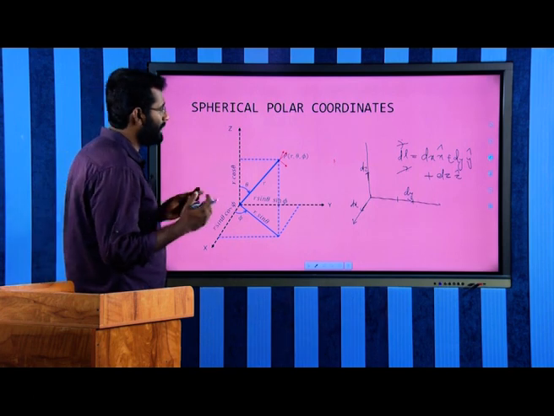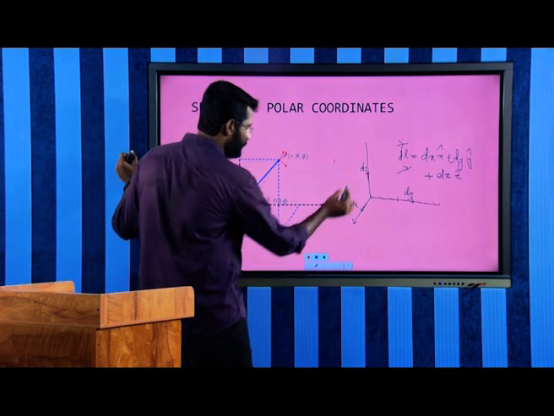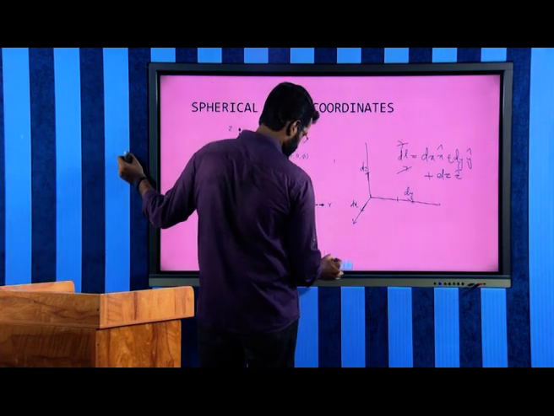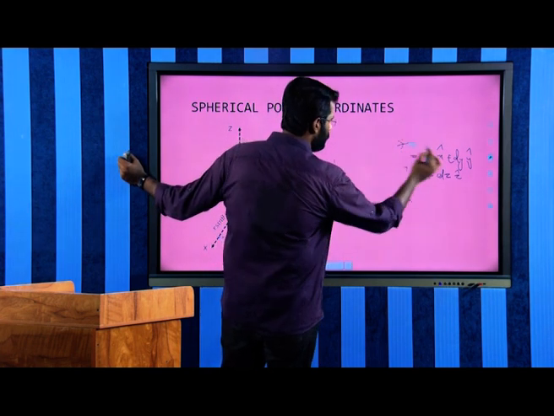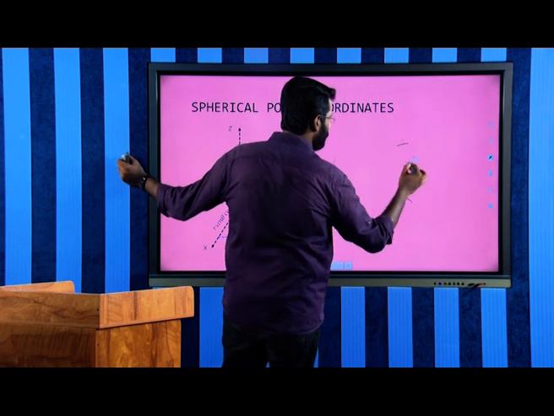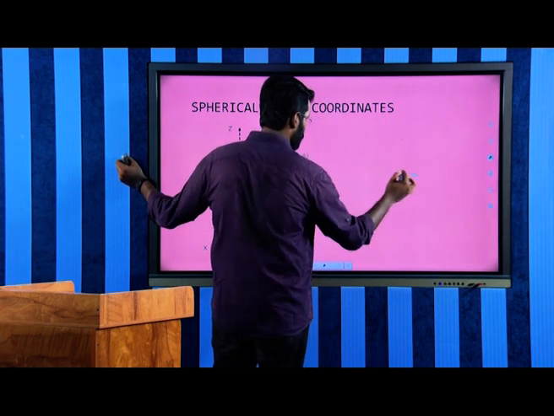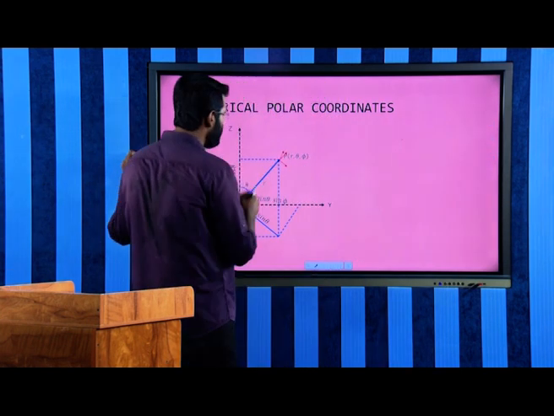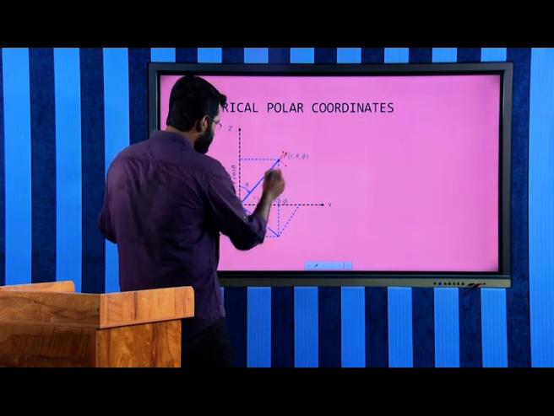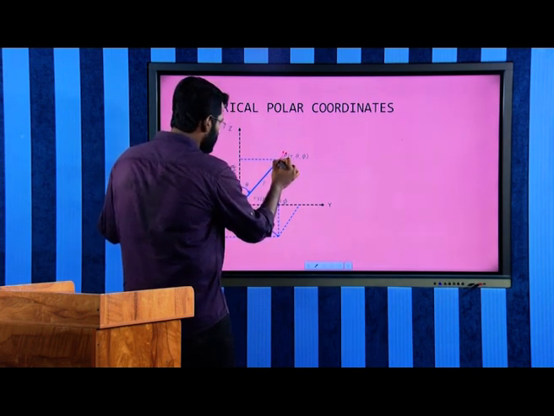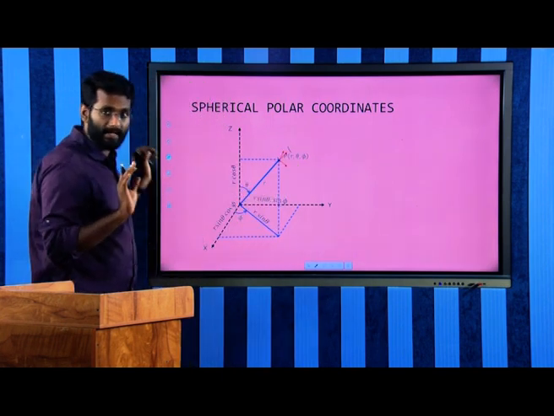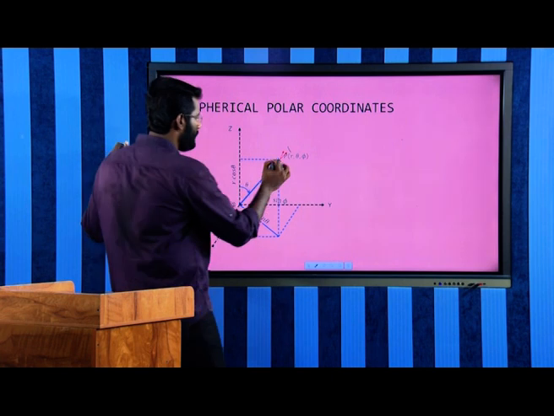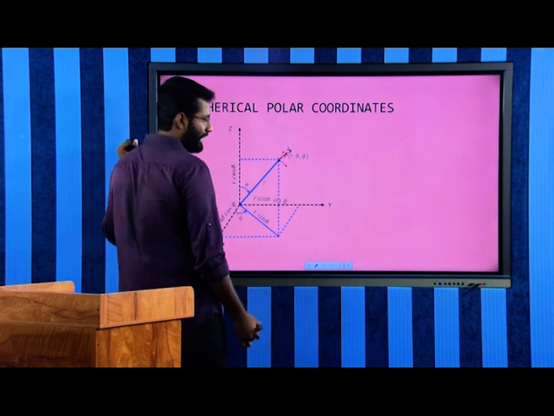So, the line element along r direction. Let us see. Here I am increasing r by an amount dr, that is, I am only increasing the r coordinate, not anything else, along this direction.